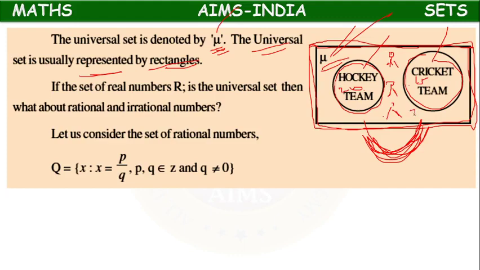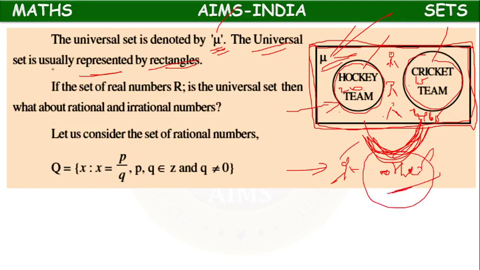The remaining 465 students will be outside these sets, but will be present inside the universal set. Other school children will be outside the universal set, while your school children will be inside the universal set.